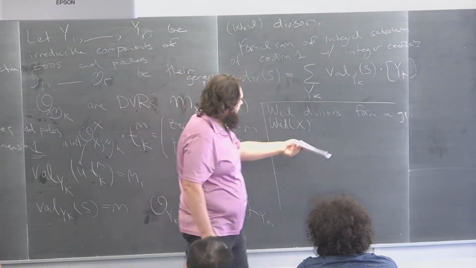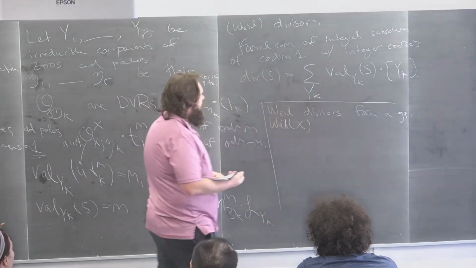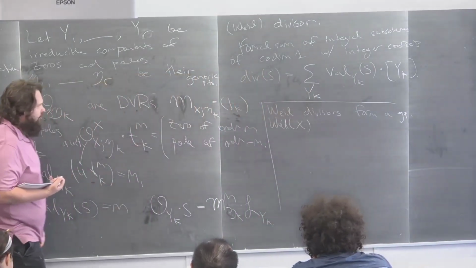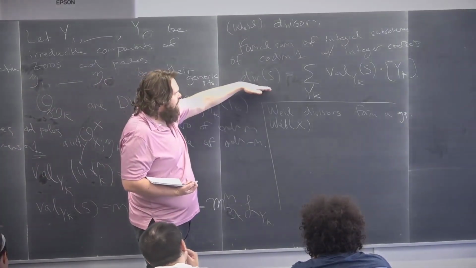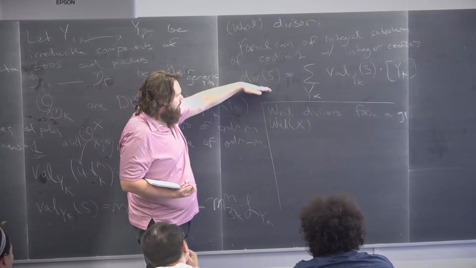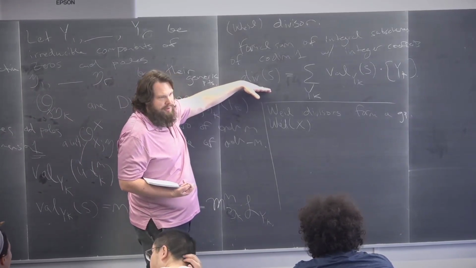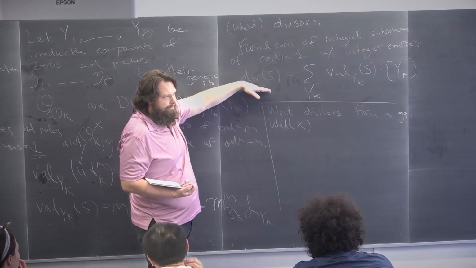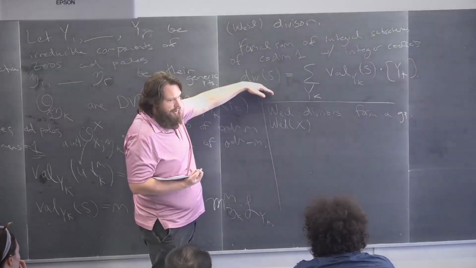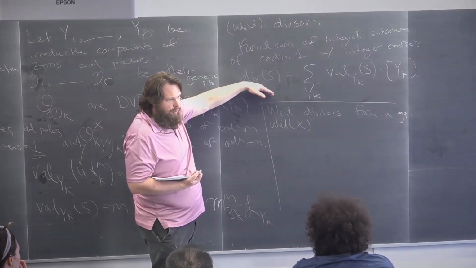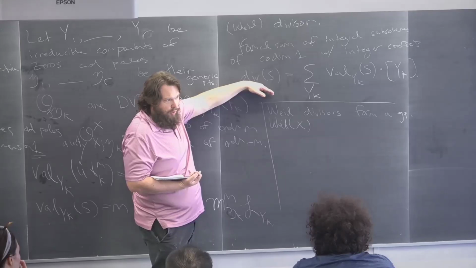There are divisors which can't be written this way, because something written this way has to correspond to a locally principal subscheme. You have to be able to locally write your subscheme as the vanishing locus of one thing, and you can't always do that.